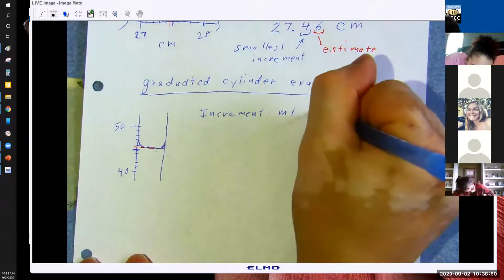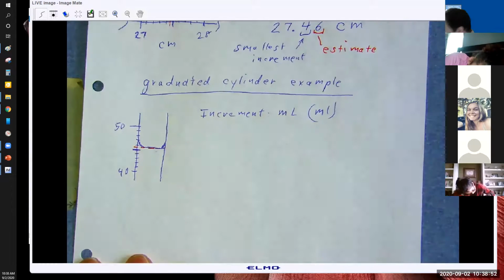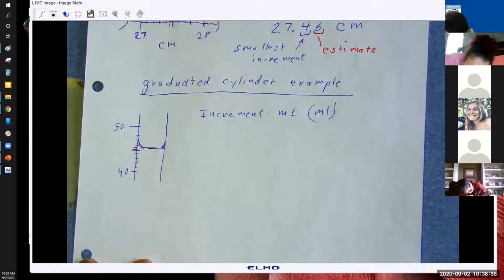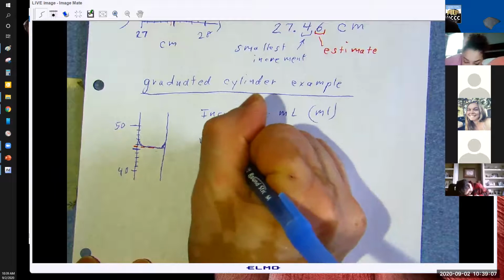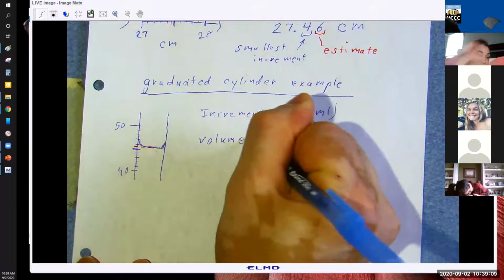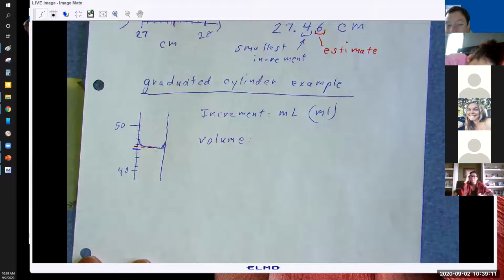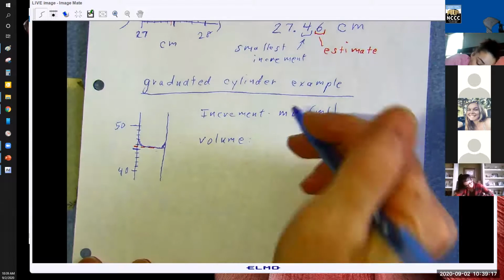A lot of times people just write it with a small l. So that's the increment, right? A milliliter. Does anyone want to guess what they think the volume is? 45.5. 45.5. Okay.